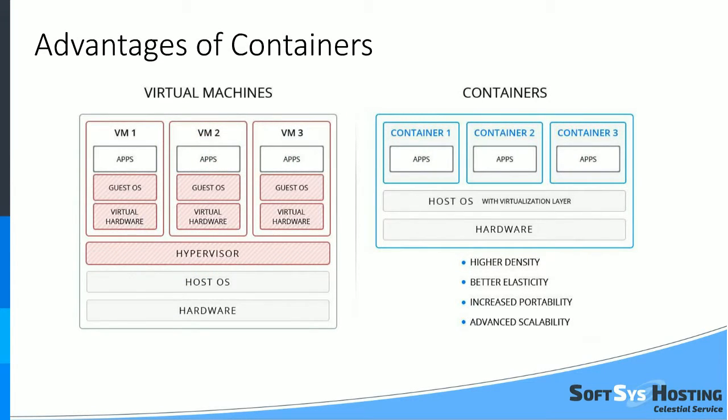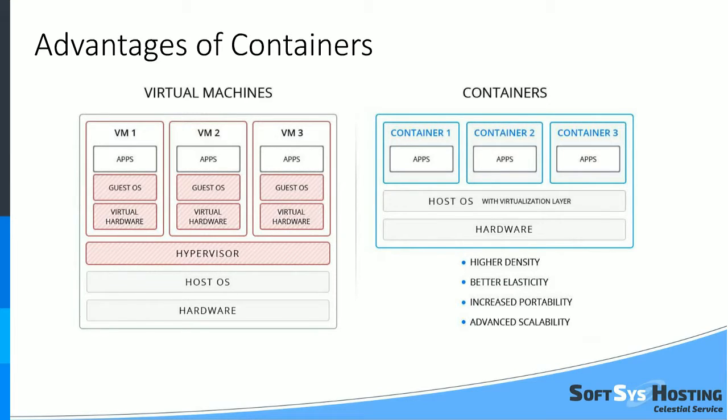Here's a graphical outline of the setup of virtual machines and containers. Virtual machines run on hypervisors, which require a host operating system and underlying hardware. Each virtual machine is assigned virtual hardware and has its own guest operating system. You thereafter have your apps and services installed in the guest operating system.